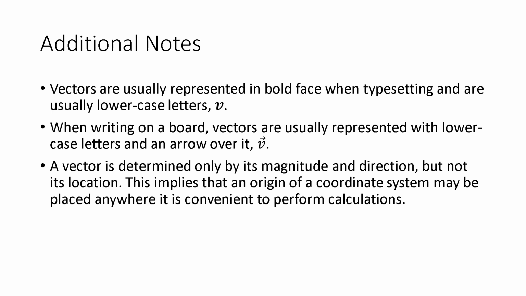Some additional notes here. Vectors are usually represented in boldface when typesetting and are usually lowercase letters. So here we can see the vector v, a boldface lowercase letter. But when instructors are writing on boards, vectors are still usually represented with lowercase letters, but they have an arrow drawn over them.